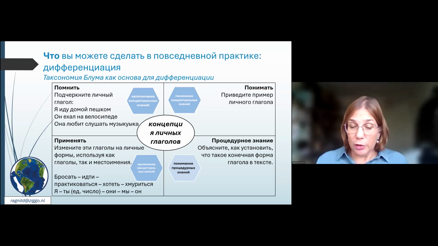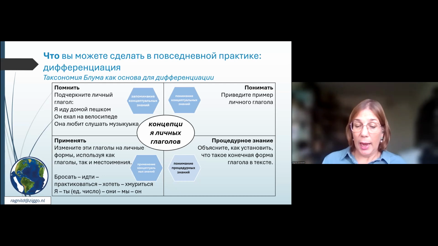So for the students who struggle, you could step back and see, do they remember the concept if they see it in a sentence? So you ask them to underline a finite verb in different sentences, and you can see this student remembers what the finite verb is in this sentence.